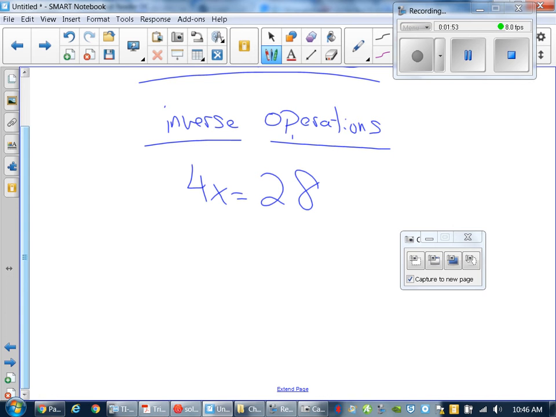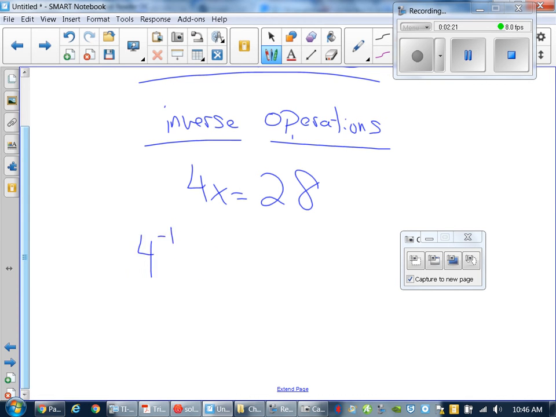So, what I want you to think of is this. What you would do here to undo multiply by 4, you would divide by 4, right? Now, what I want you to do real quick is take your calculator out, and see that there's a -1 button. The -1 button stands for inverse. Hit the -1 button, and what does it spit out? It's somewhere by the x squared.